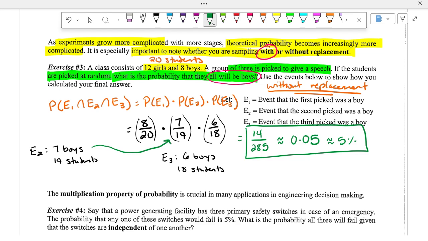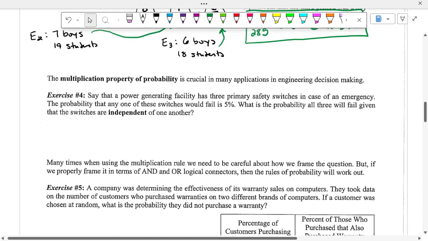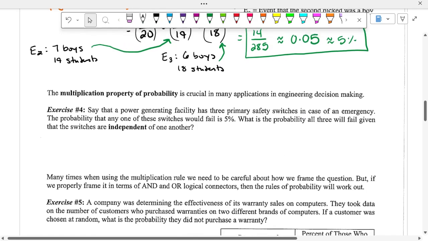When you go into the second, you took one of the boys out, so that means you took one of the students out. Going into the third, you took 2 of the boys out. So you've got to remember to subtract as you go if you don't replace, and you assume that what you did happened, or what probability you put first happened. So we assume that a boy was taken out for the first and the second, and so on and so forth.